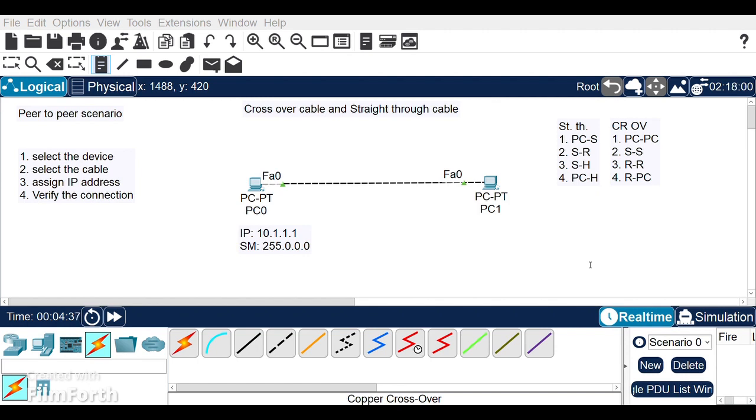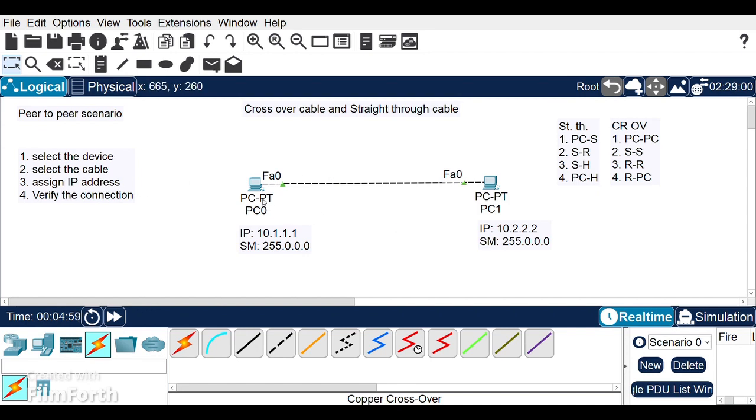So here I'm taking 10.2.2.2 and subnet mask 255.0.0.0. It's very clear that the subnet mask is used to identify the network ID.